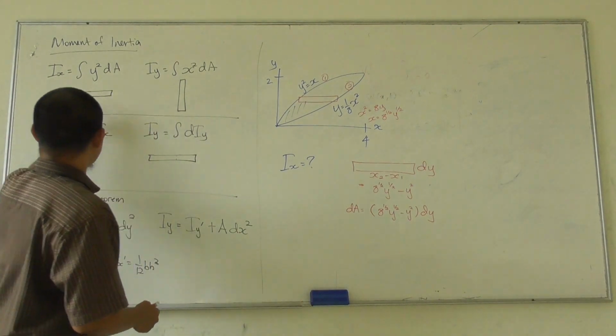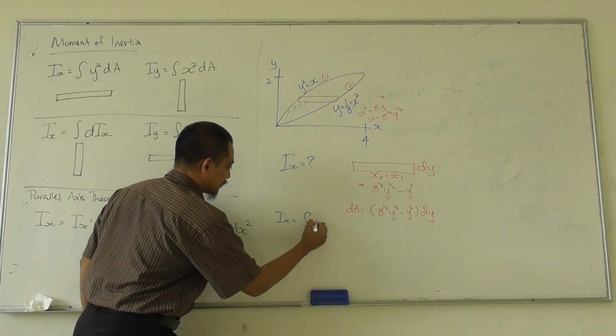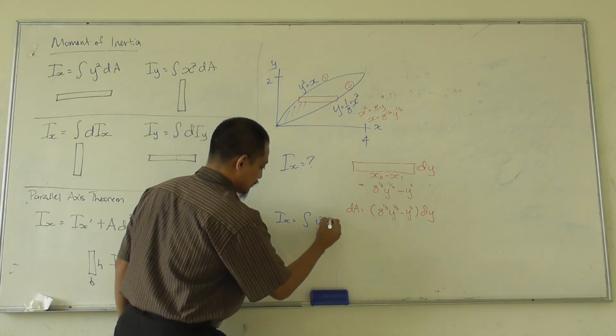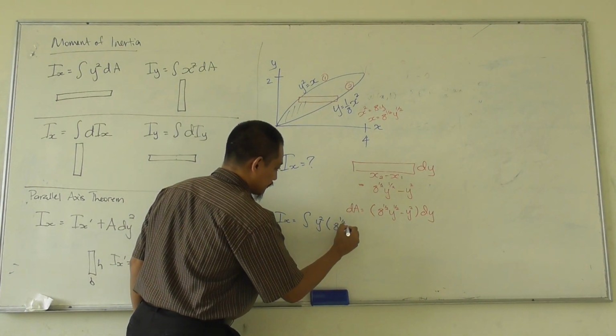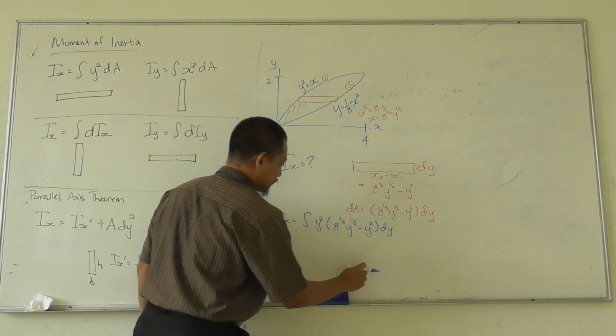Alright, so applying this equation over here, Ix will be the integration of y squared dA, which means this one, 8 to the half, y to the half minus y squared, dy, right?